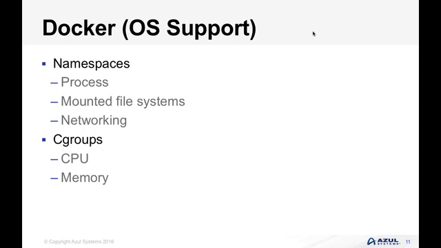Namespaces allow a container to see only certain processes, so you can restrict the view that the container has on the processes which are running in that particular machine. If you don't want other containers to be visible, you can restrict that. Mounted file systems can be made visible, so you could say, right, we have one particular client working on these particular containers, so these containers can see only these mounted file systems.